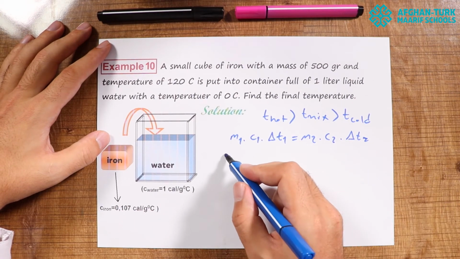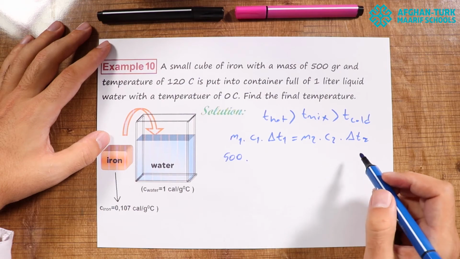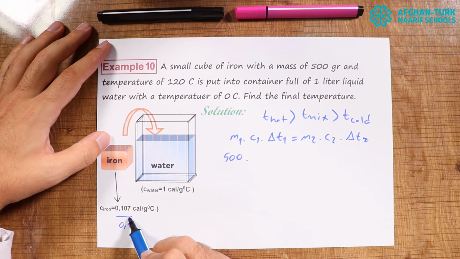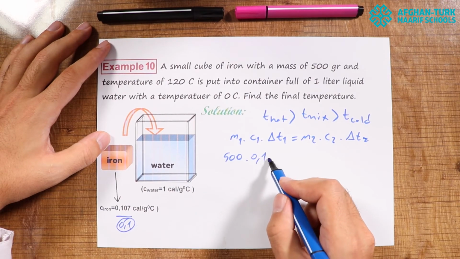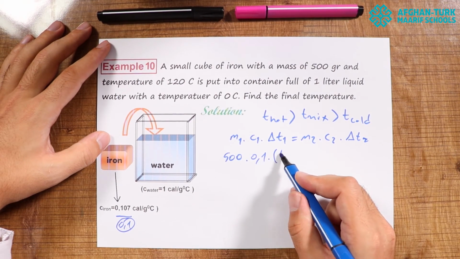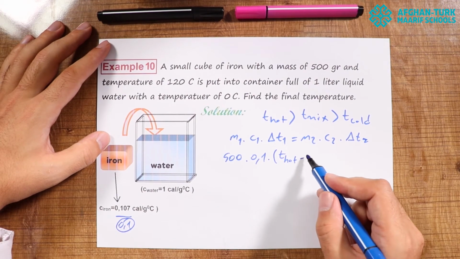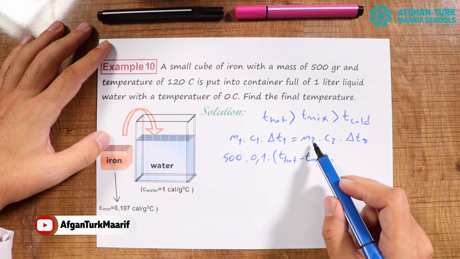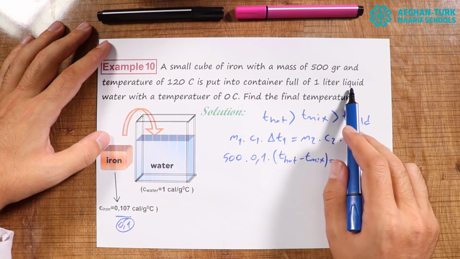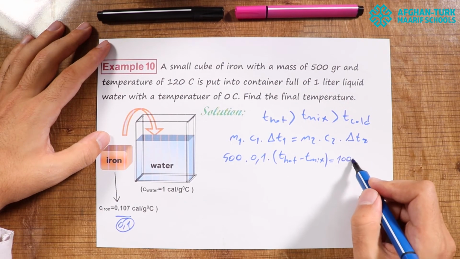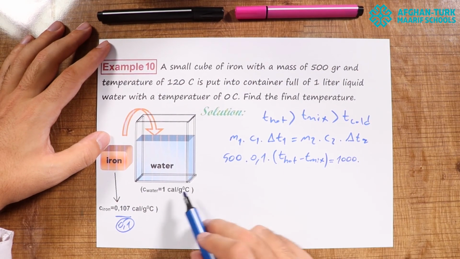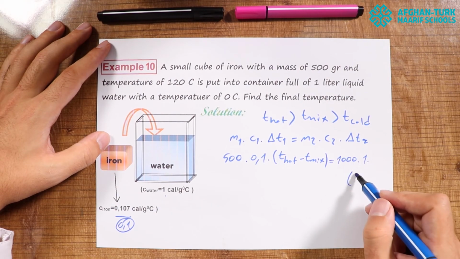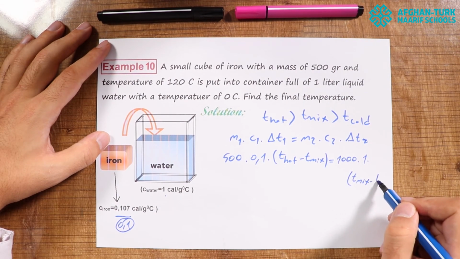M1 is equal to 500 times C1, which is, let's say, 0.1, times T hot minus T mix, and that's equal to M2, which is 1 liter, meaning 1000, times C2, which is 1, times T mix minus T cold.